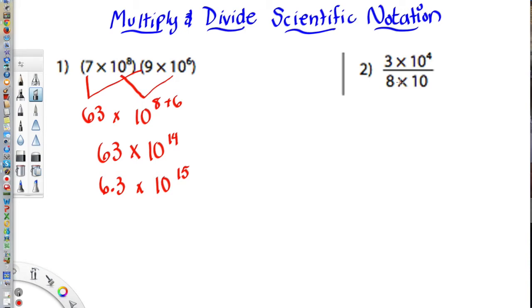Now, when we divide, it's the same thing, just like dividing exponents. You can divide the like terms. When I take 3 and divide it by 8, let's go over here. I have 3 divided by 8. 8 will not go into 3, but it will go into 30. 3 times 8 is 24. I subtract.